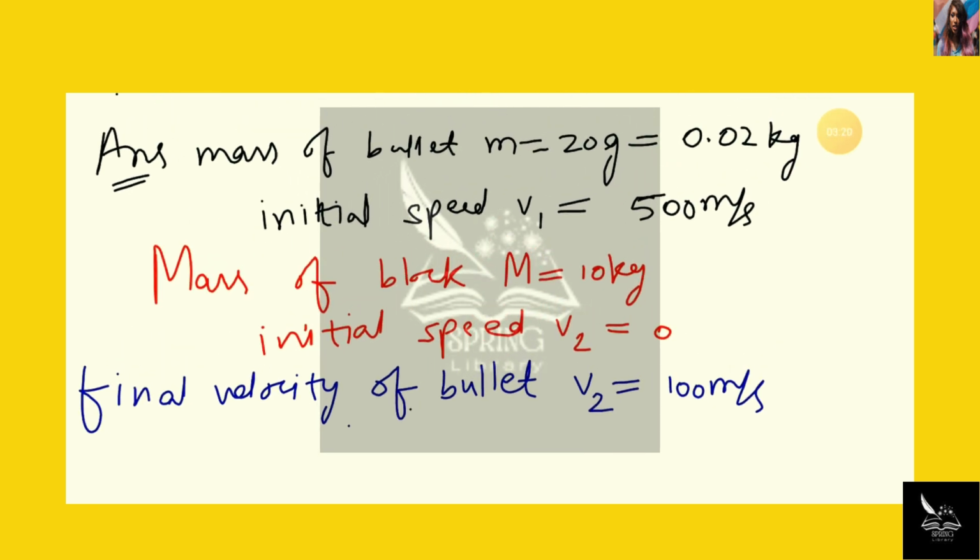So I can say that the initial speed of the block is u1 equal to 0 meter per second, and the final velocity of the bullet v2 is equal to 100 meter per second.